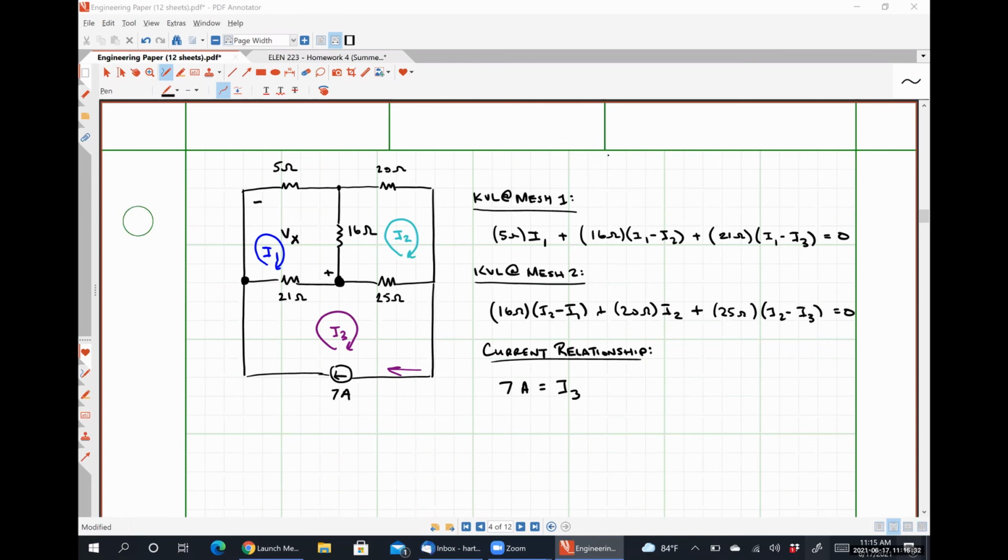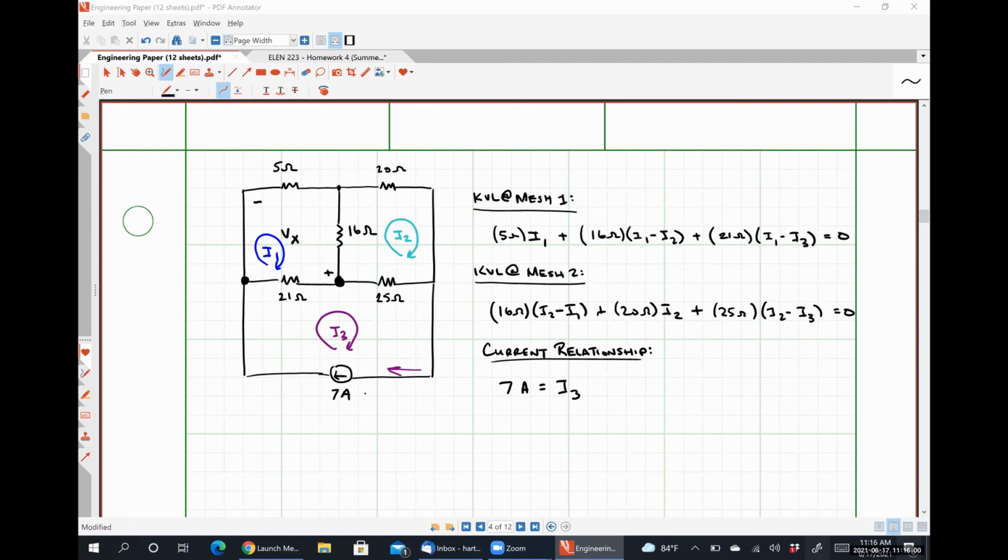The reason it doesn't have anything to do with I1 or I2 is that those mesh currents only flow in their circular little boxes. The only mesh current flowing through the branch containing the 7 amp source is I3. So I3 is 7 amps. Does that make sense?